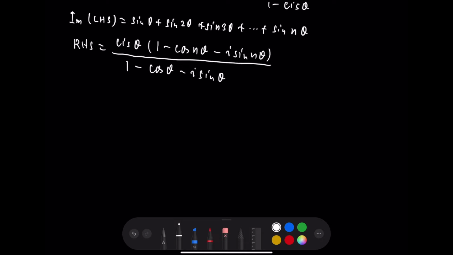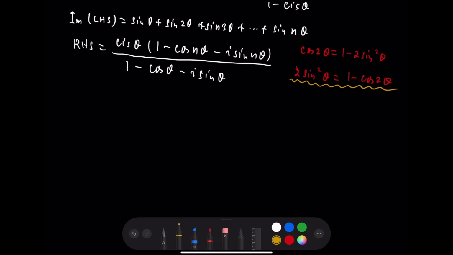I'm going to recall the double angle formula, see if you still remember. Cos 2 theta is equal to 1 minus 2 sine squared theta. If I rearrange, I will have 2 sine squared theta equals 1 minus cos 2 theta. This is the first formula I'm going to use on both numerator and denominator because I have 1 minus cos.